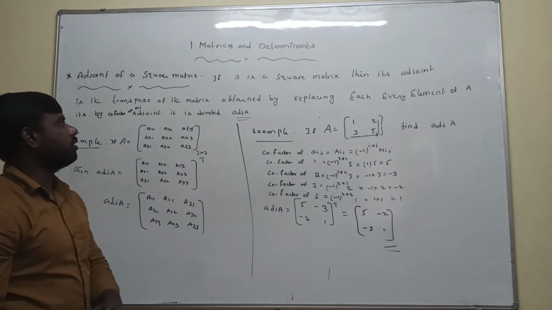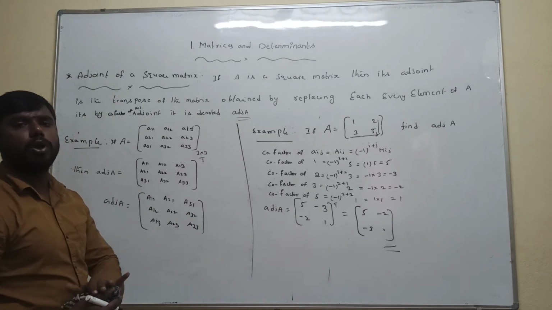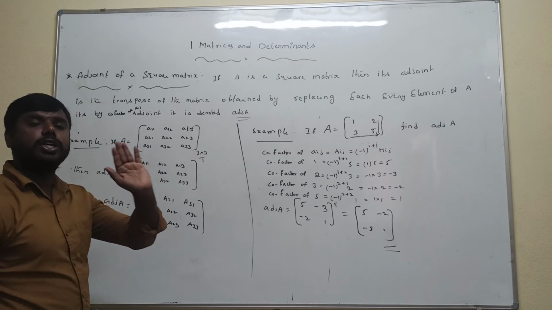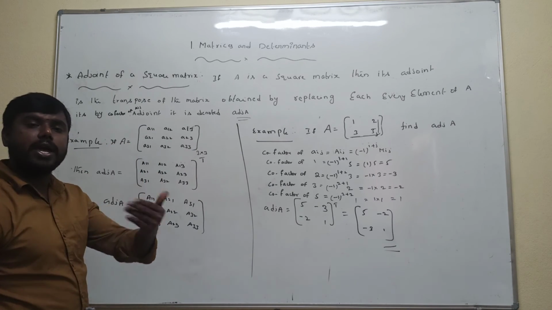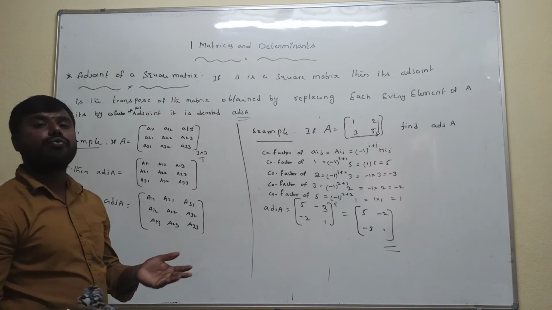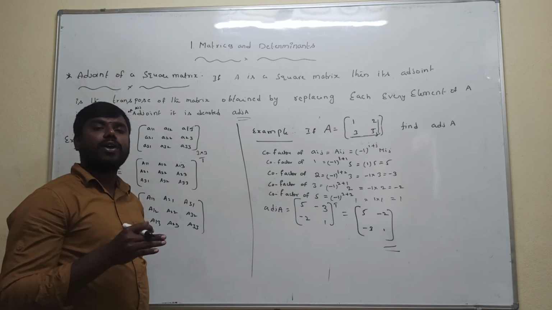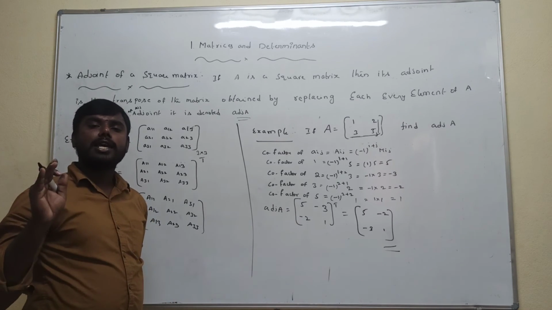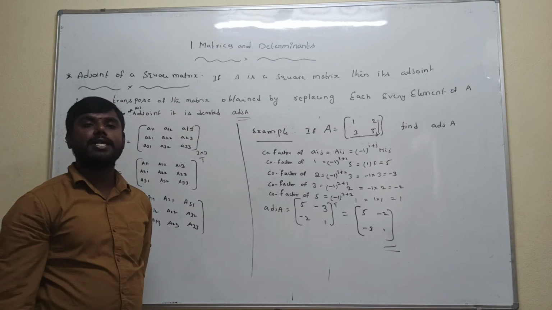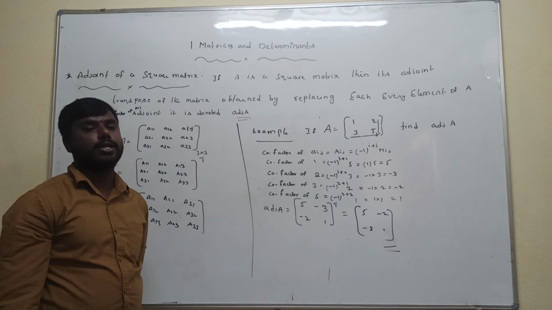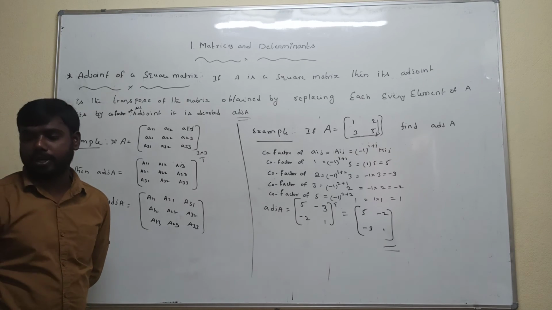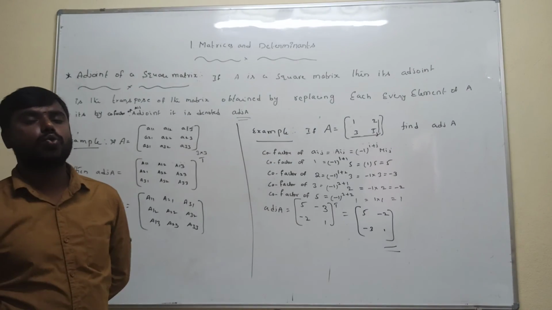I think everyone understands this concept. It is very simple. Minor means deleting the ith row and jth column, and the remaining elements of the determinant are called the minor. The cofactor of an element aij, denoted capital Aij, is equal to (-1) to the power of i plus j, into the minor Mij. What is the definition of the adjoint of a square matrix?